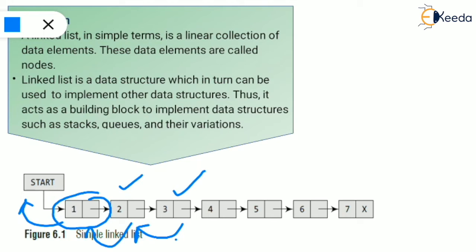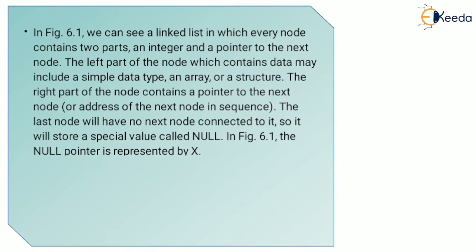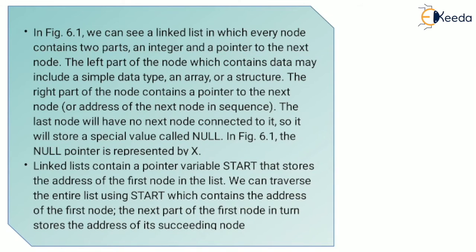Because of that, they are pointing to each other. Understand? And it starts from where? It starts from this start, because start stored the address of the first node. So this is all about a simple linked list. This is the explanation of figure 6.1.